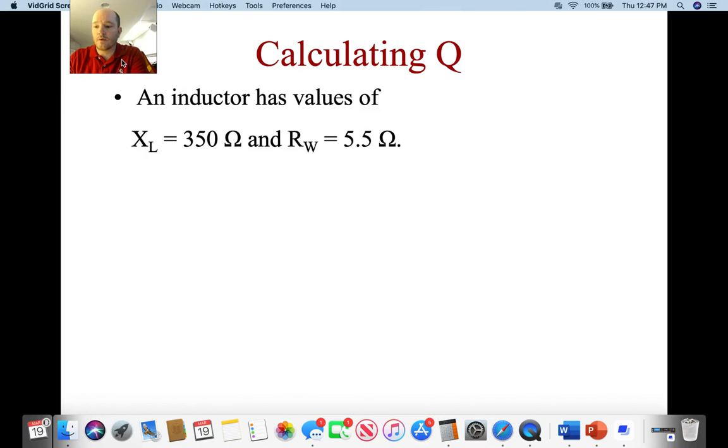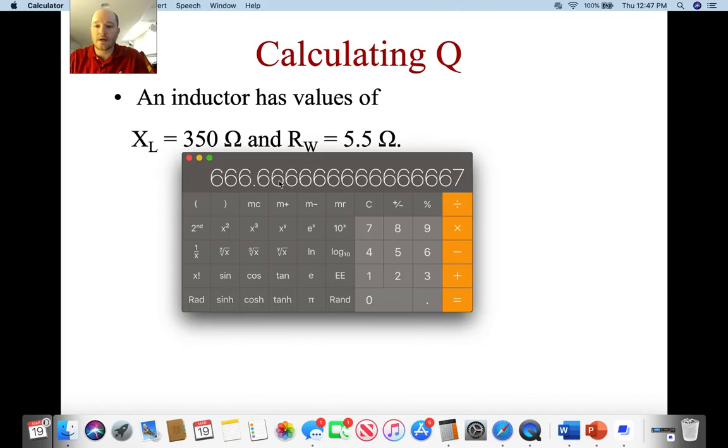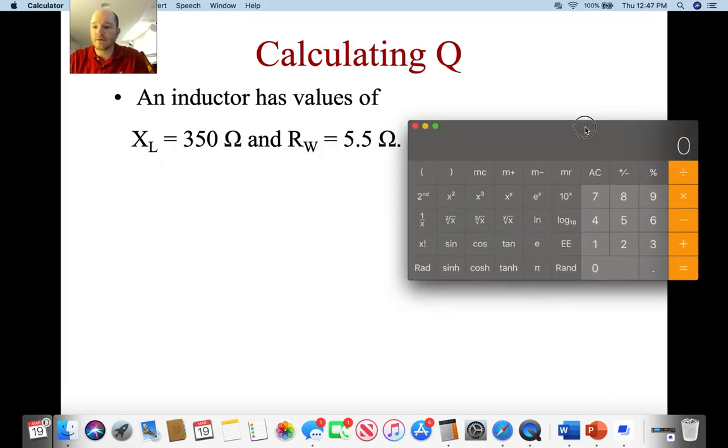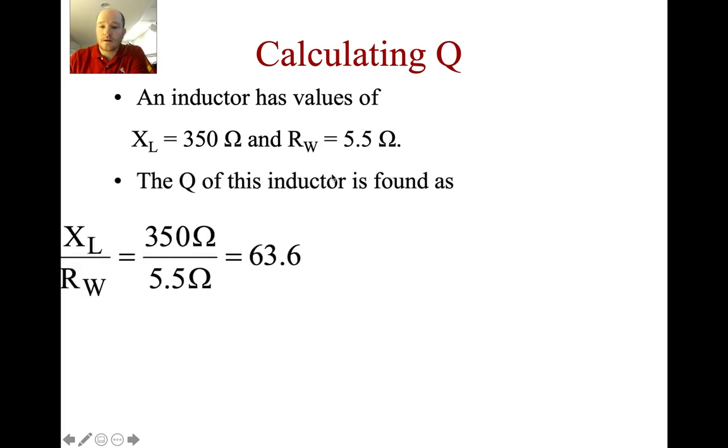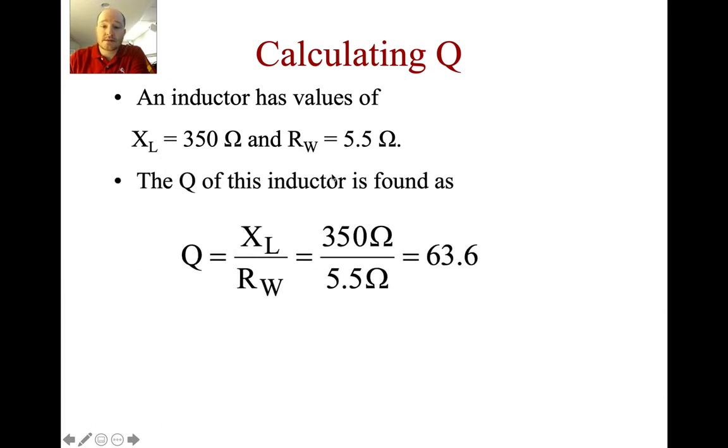We take 350 divided by 5.5, and that comes out to a Q of 63.6.